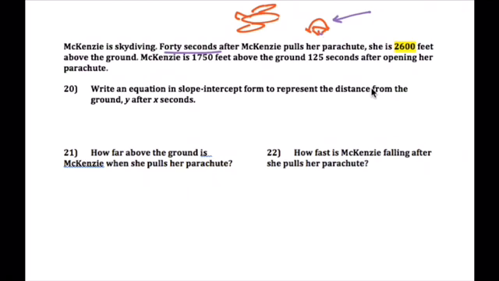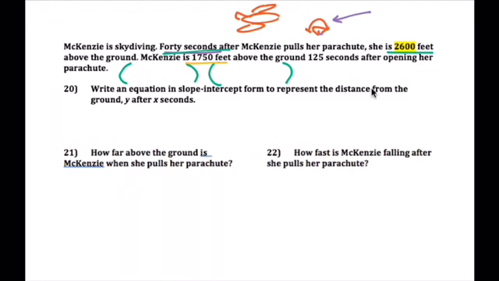If you think back to what we've done before, I may not know how fast she's going, and I may not know how high she was when she started, but I do know two pieces of information. I can write an ordered pair for the first part of what they told me, and another ordered pair for the second part.